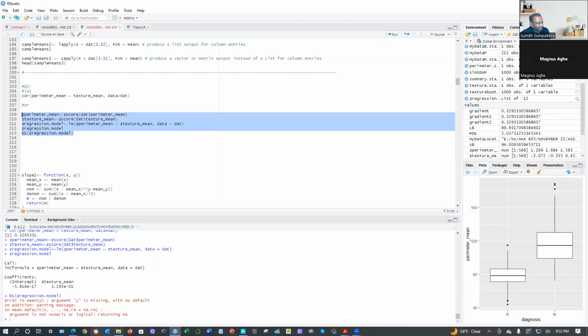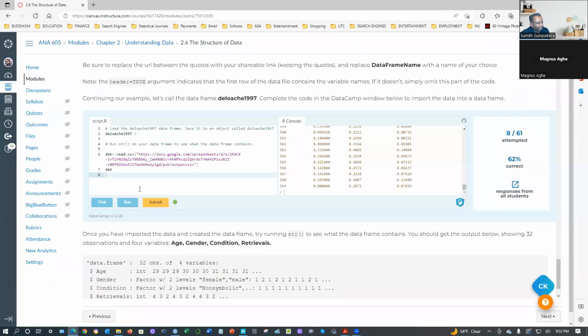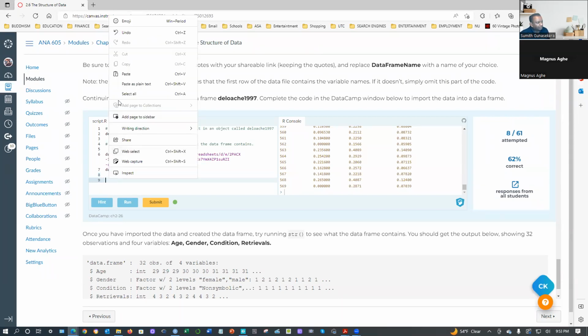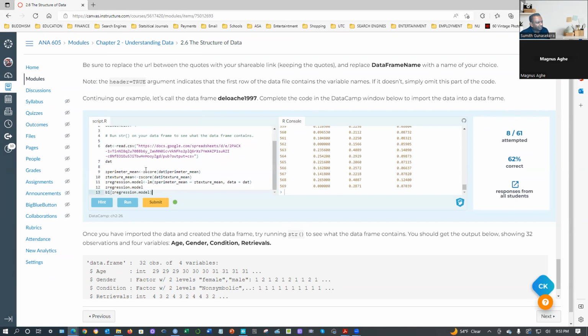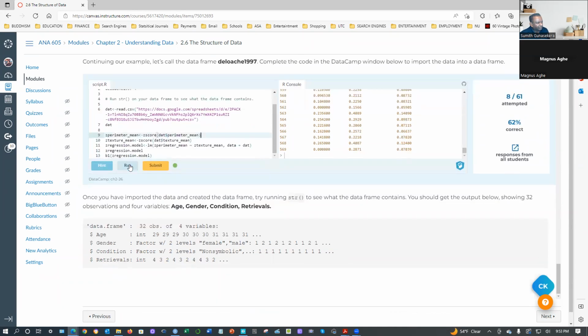And then I'm gonna come to my sandbox. This all run together and B1. Okay, let's see. B1 is 0.3291. So extract. It works over here.